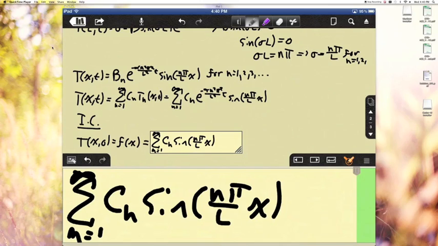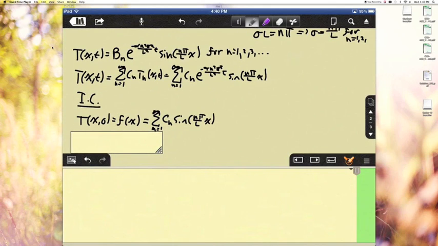So how are we going to figure out what c sub n is? We can use orthogonality to assist us. We're going to multiply both sides by a similar function, which is going to be sine of m pi over L times x.